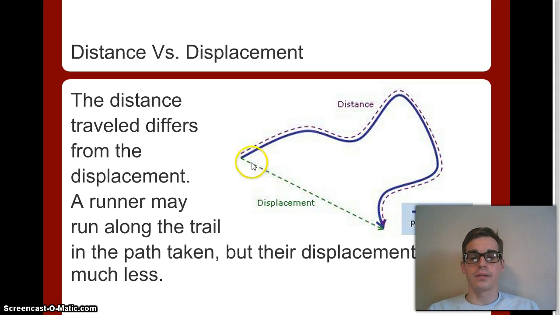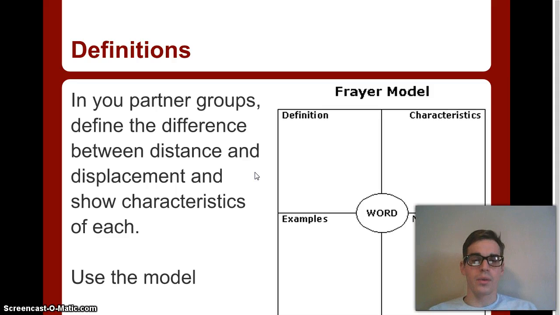But displacement is just the change in position from their starting point to their ending point. So with that said, let's get in our partner groups, and we're going to use this diagram in order to define the differences between distance and displacement.